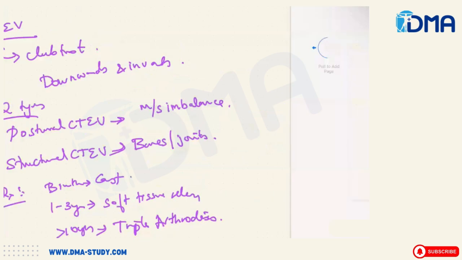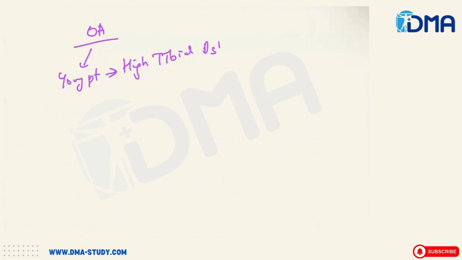Then coming to osteoarthritis. Usually, osteoarthritis is an inflammatory disorder. If it's a young patient, you treat the patient with a high tibial osteotomy, for osteoarthritis of the knee. If it's an old patient, you go for a total knee replacement. Right?